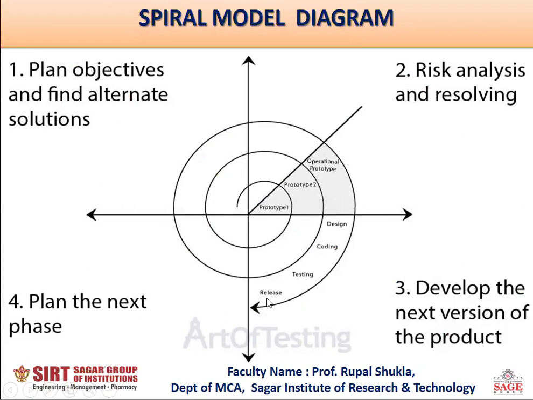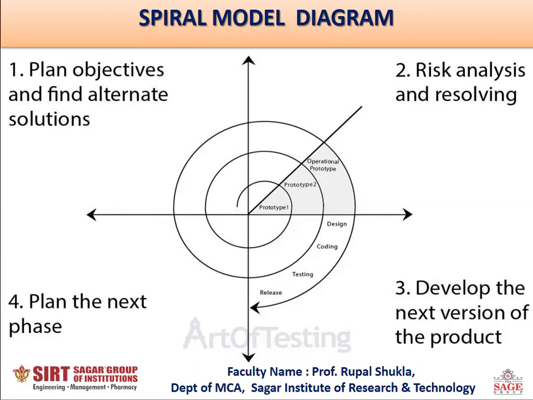We can see in this diagram, prototype means pseudo models. Pseudo model means the client's concept is not clear. So with the help of the development team, the client will clear their concept.